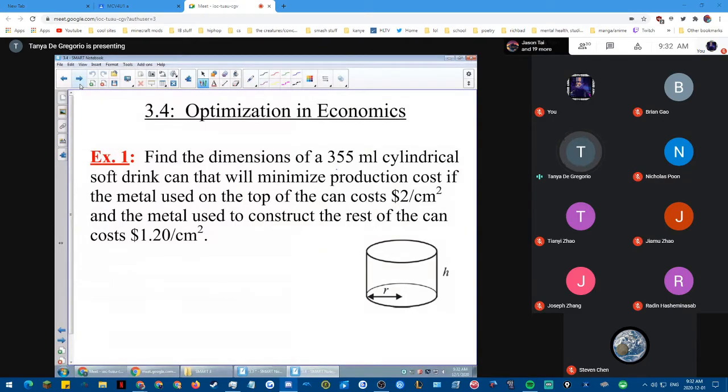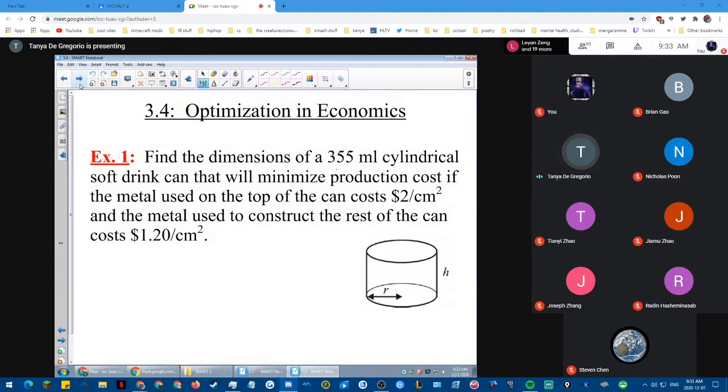Find the dimensions of a 355 milliliter cylindrical soft drink can that will minimize production costs if the metal used on the top of the can costs $2 per centimeter squared, and the metal used to construct the rest of the can costs $1.20 per centimeter squared.